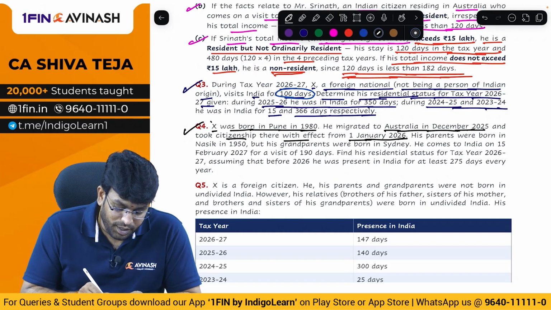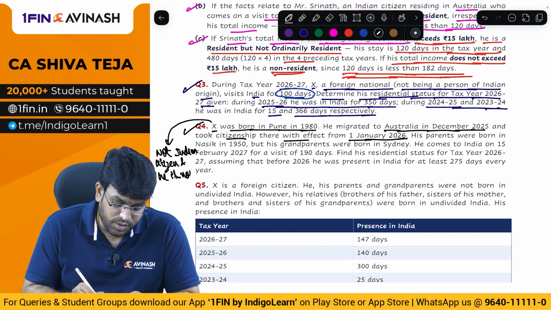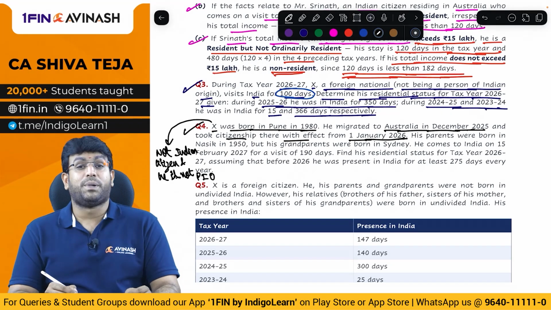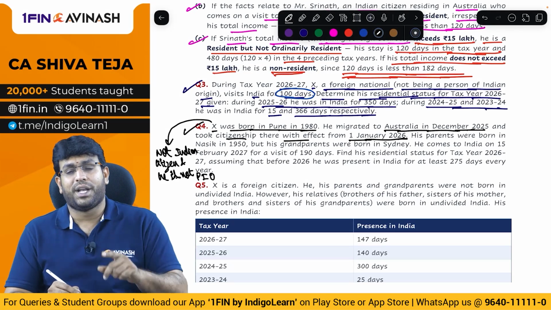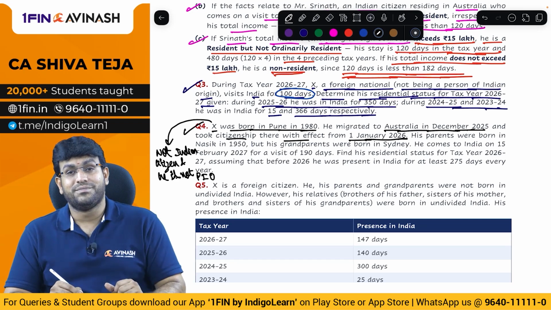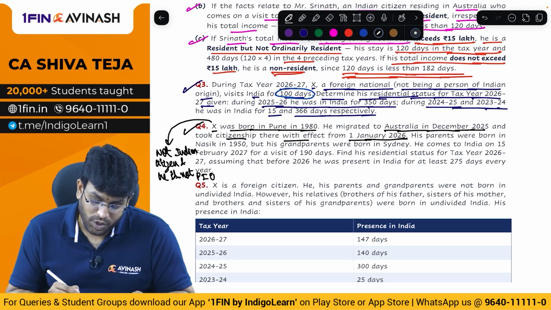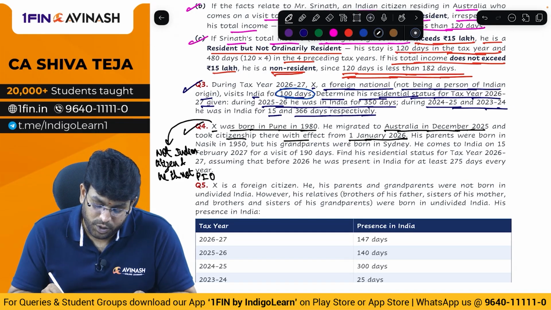That means this guy X is not an Indian citizen, and he is not a person of Indian origin, because we treat a person as a person of Indian origin only if he or any of his parents or grandparents were born in undivided India.